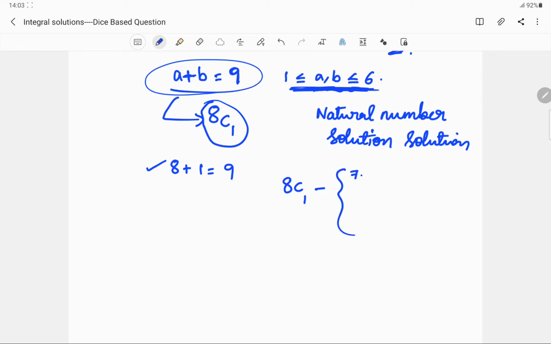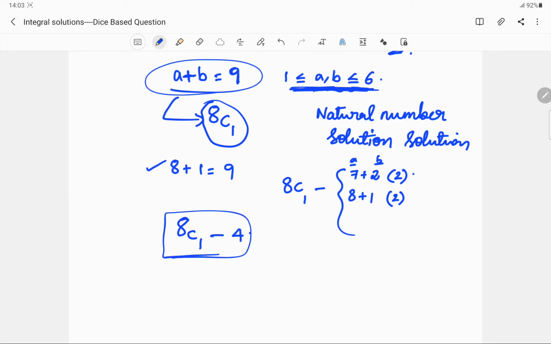So we need to subtract the cases where they are more than 6. If a is 7 and b is 2, this is one possibility. This will lead to 2 ways, because a and b can be interchanged. Next comes 8 and 1. This will again be 2 ways. So out of 8C1 we need to subtract these 4 ways.